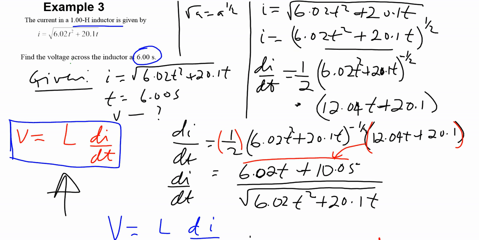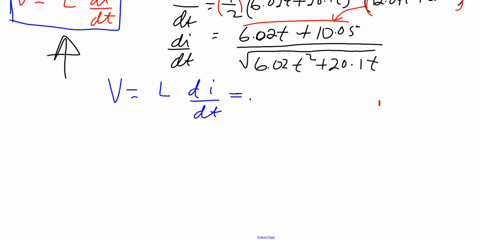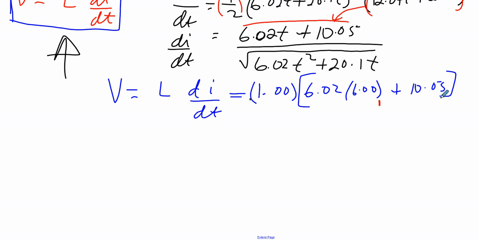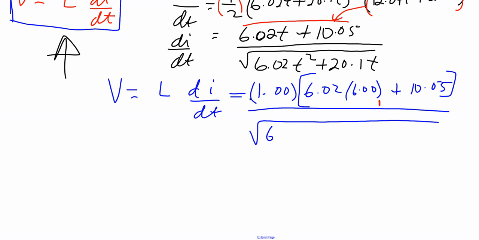This one will equal 1.00 Henry times 6.02 times 6.00 plus 10.05, all over the square root of 6.02 times 6.00 squared plus 20.1 times 6.00.